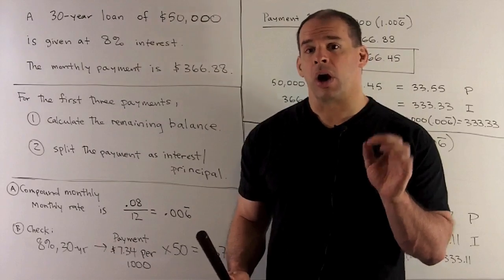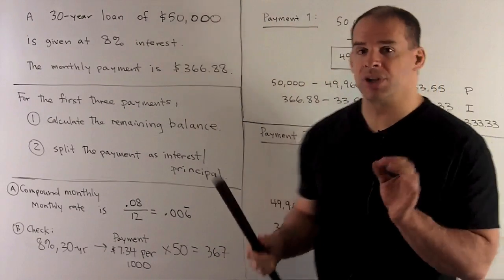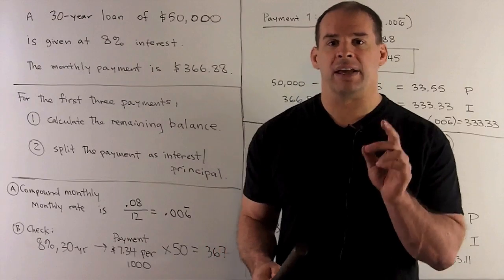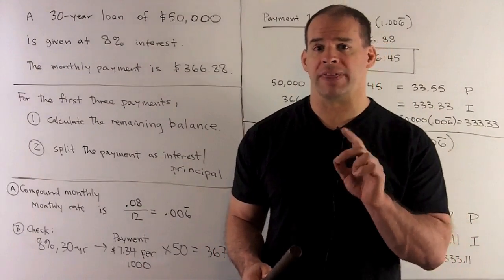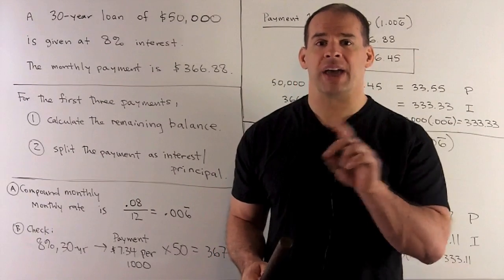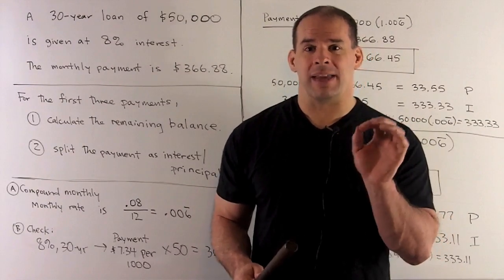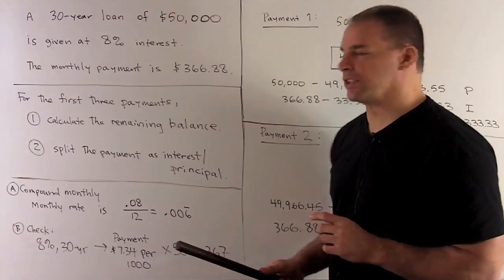Next, our payment of $366.88. So where does that come from? The idea is we go to our table that tells us how much to charge for a loan of $1,000. We look up our term of 30 years at 8%. Then the factor that gives me in my table is going to be $7.34.